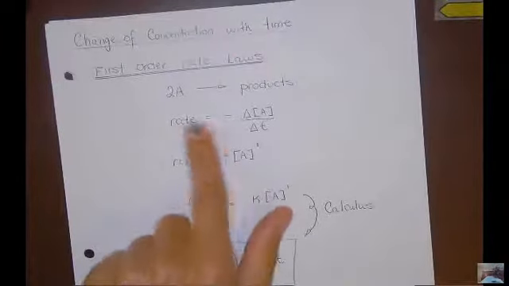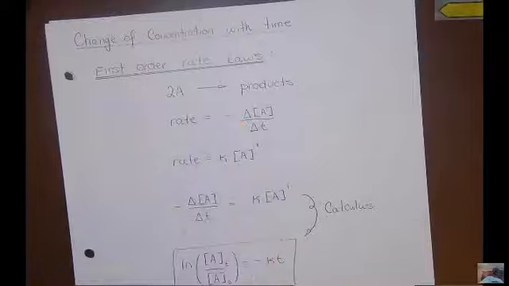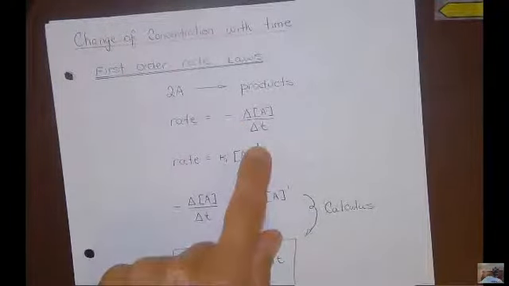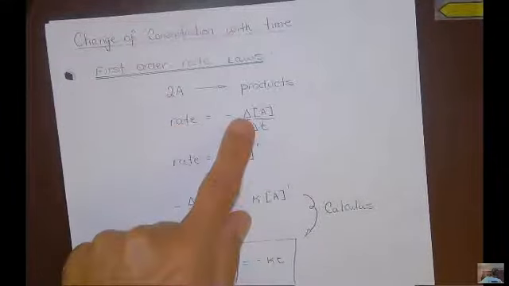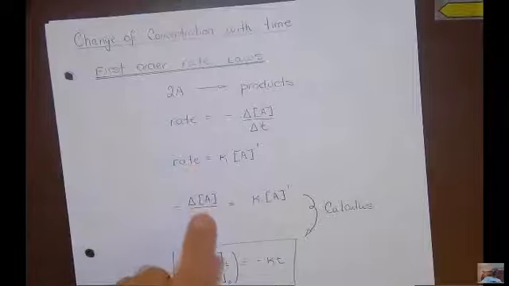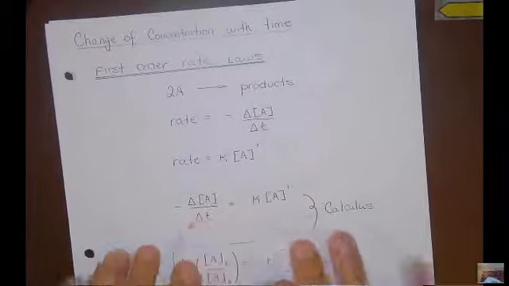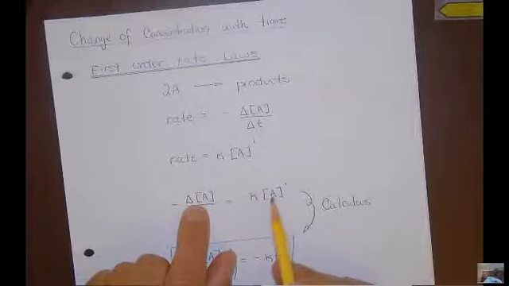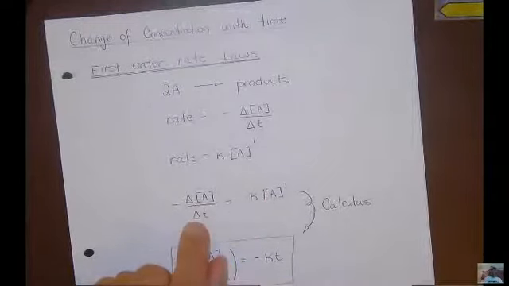So this part we know. This part we know because I'm telling you it's first order. I did a set of experiments already, and I know that that's a 1. Well, if this is equal to this, and this is equal to this, why don't we set rate equal to rate and get this expression? Well, when I get this expression, I see that I could gather like terms and bring this A to the first power underneath here, okay?